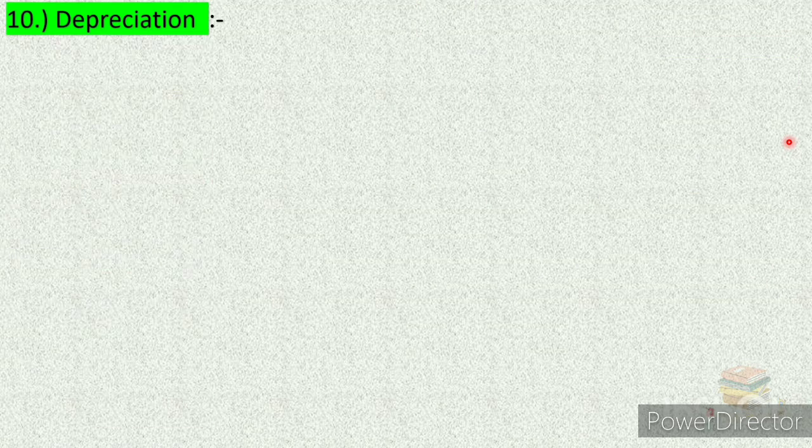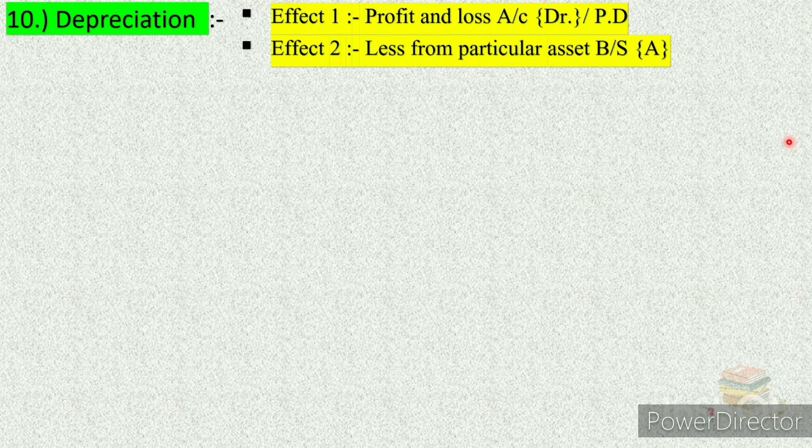Further, we move on to the 10th adjustment, which is depreciation on assets. This adjustment is very important because it is always asked in questions, whether on one asset or more than one asset. The basic meaning of depreciation is that the value of the asset is getting lowered.